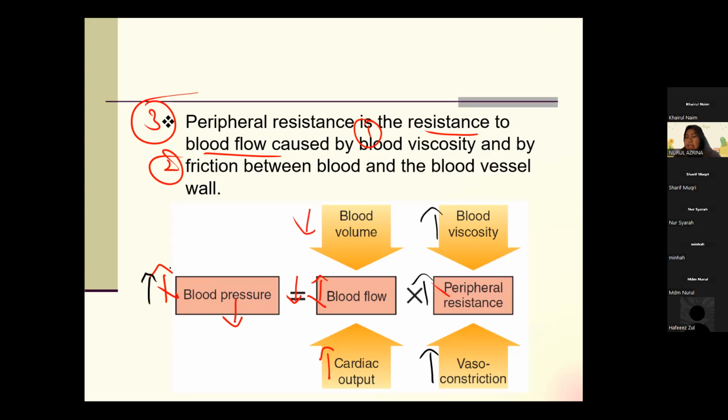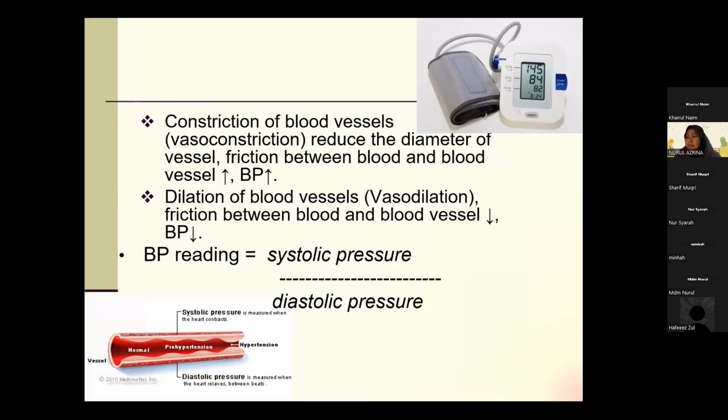Okay, so that is some idea related to blood flow, velocity, peripheral resistance towards blood pressure. Okay, next. Constriction of blood vessel, or we call as vasoconstriction, will reduce the diameter of the blood vessel, thus increase friction between the blood and blood vessel, menambahkan rintangan ataupun geseran antara darah dengan blood vessel.